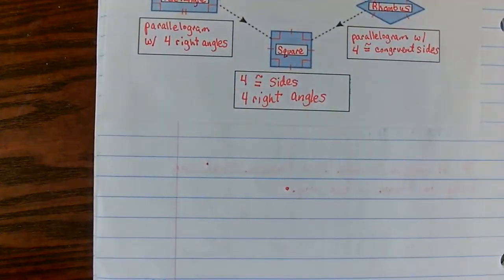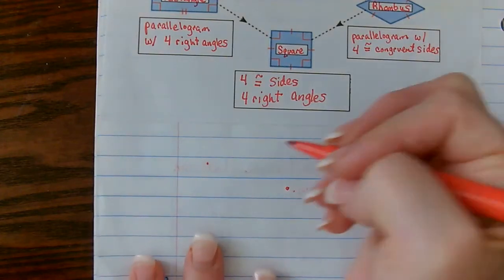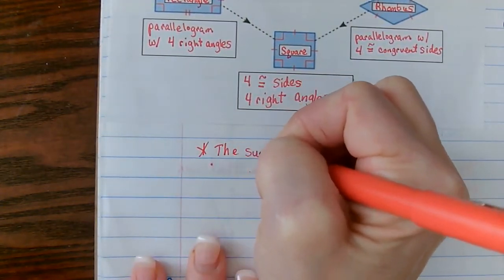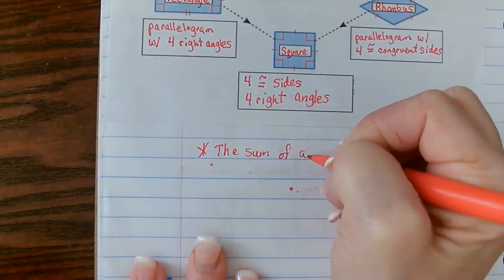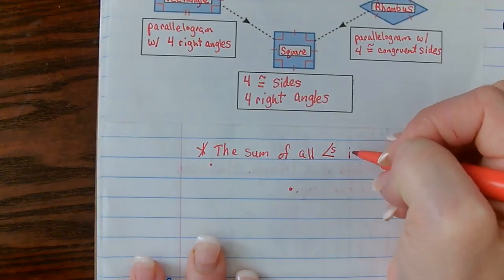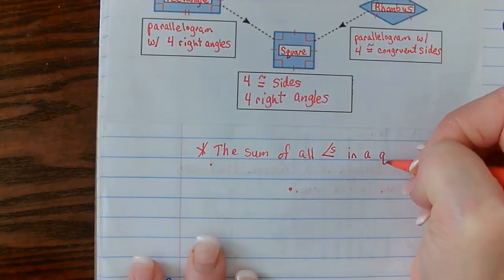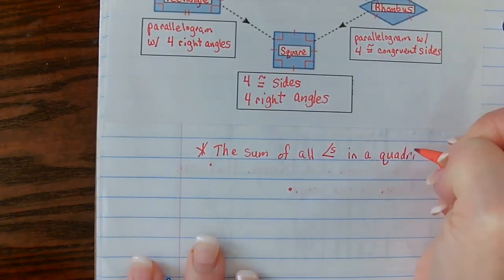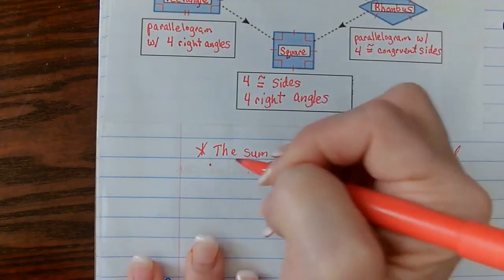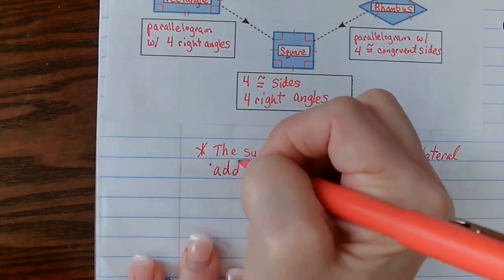Moving on, let's look at what an algebraic equation might look like to find an unknown angle in a quadrilateral. So the rule is that the sum of all angles, we'll use that angle symbol, in a quadrilateral add up to 360 degrees.